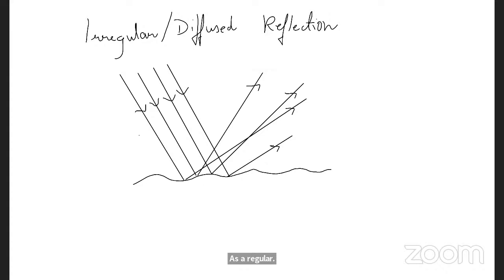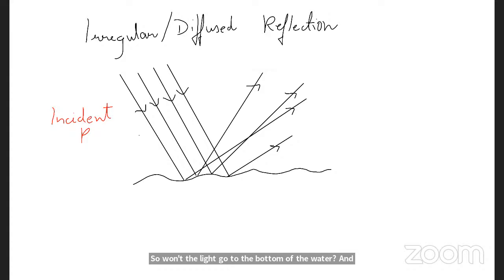But if it is shaky, then it will be slightly diffused. It depends on the surface. In water, light can pass through. So won't the light go to the bottom of the water and then reflect, or will it reflect on the surface?